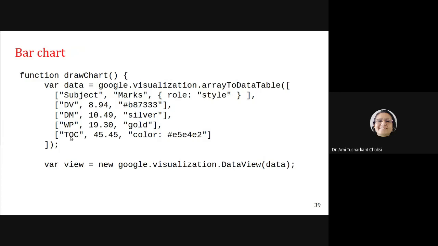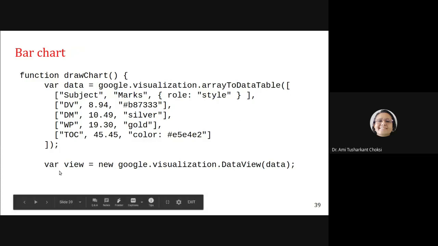Here you can say talk, then the percentage, marks, and then after color, right? So this way we have specified the data. How we have specified the data? That is using google.visualization.arrayToDataTable, right?